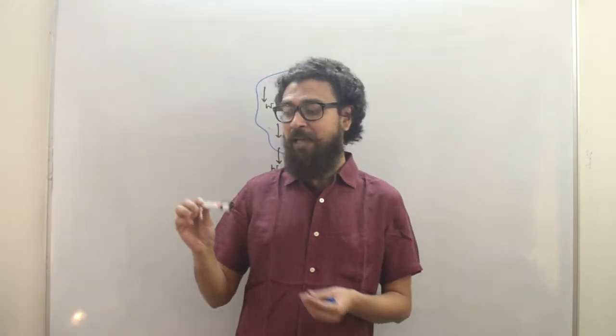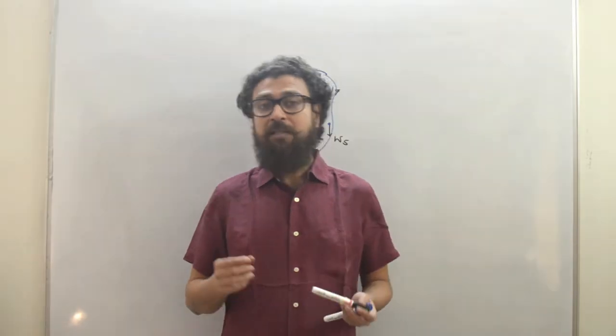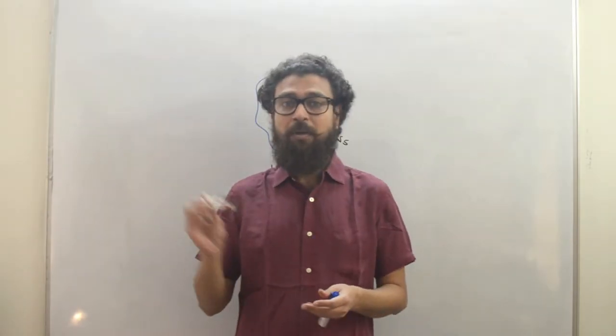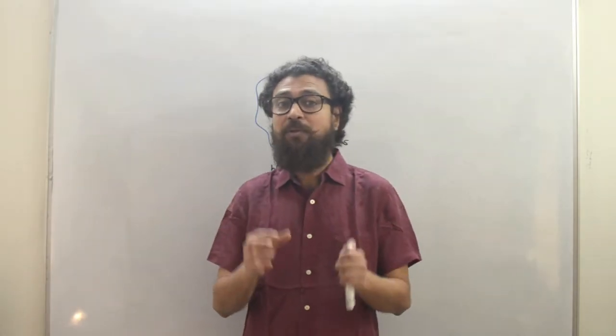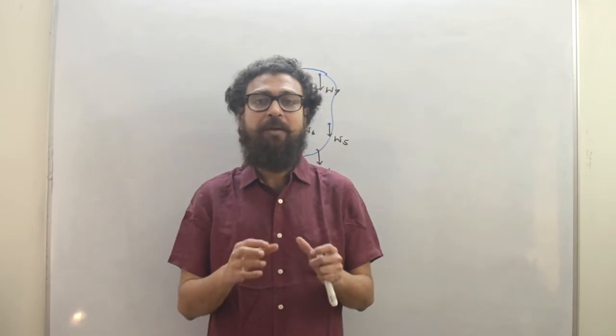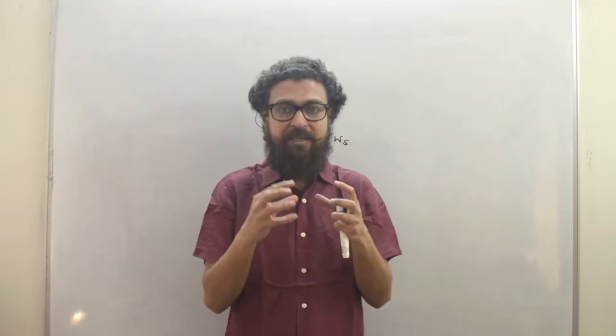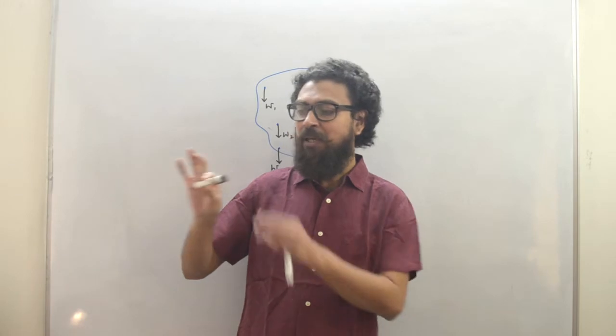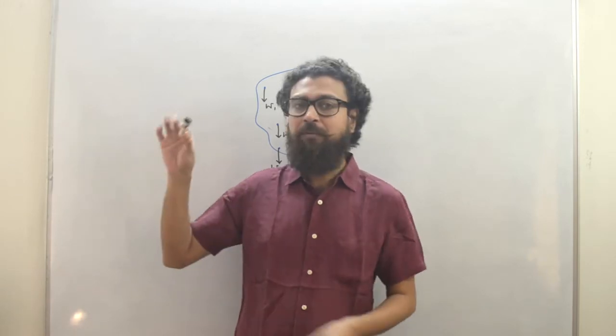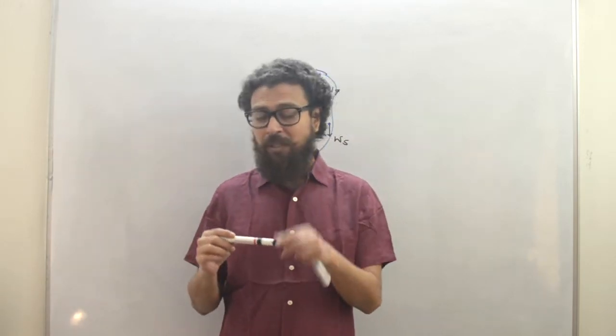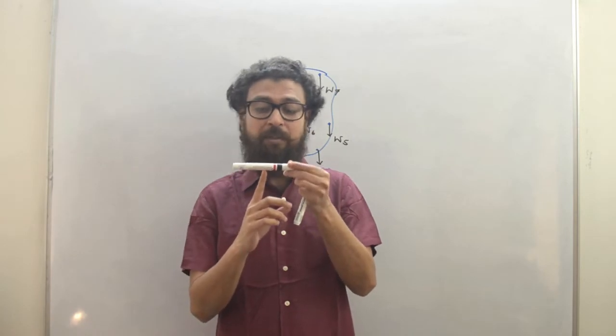But how can we find out the point in this extended body where the total weight can actually work, the point where the total weight will be concentrated? Because this is an extended body, I don't know exactly through which point the weight is acting. If I can find out, then I can even hold this pen on my finger.